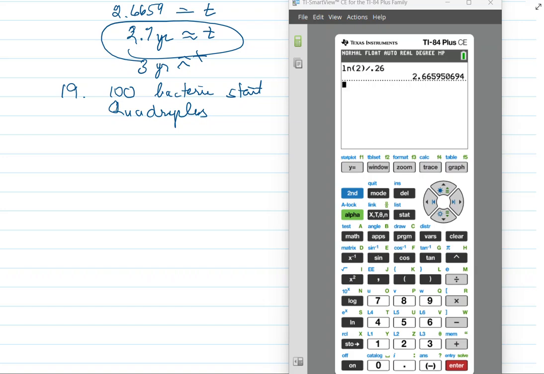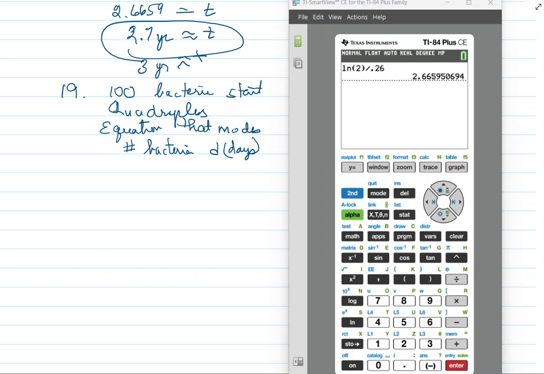Okay, it says write an equation that models the number of bacteria after d days. And then it asks how many bacteria after 1 week.